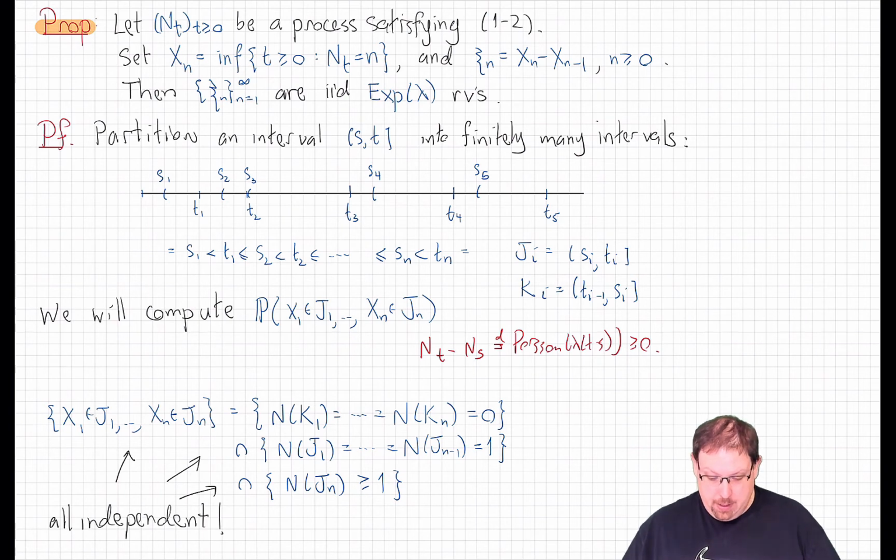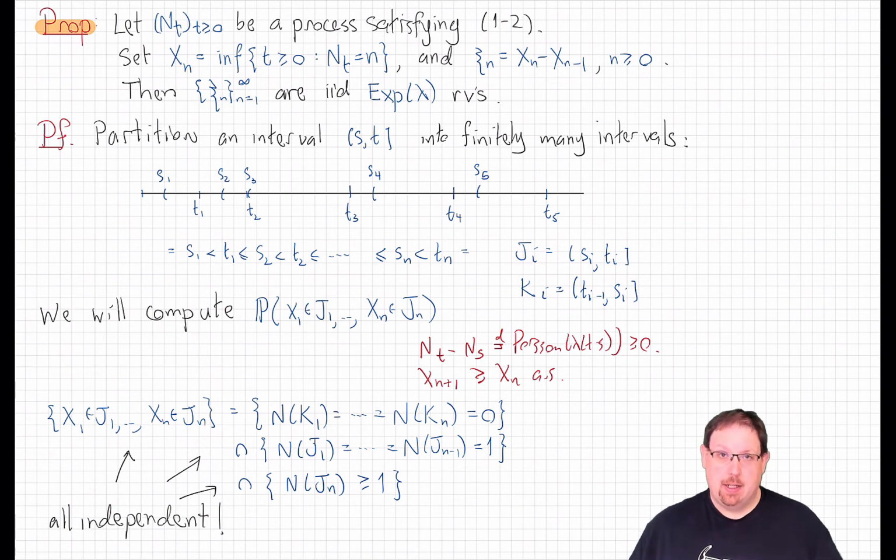So from that we see that X_{n+1} must be greater than or equal to X_n with probability 1. Therefore, if I look at the whole sequence X_1, X_2, up to X_n for some fixed n, the values they take have to be increasing. So the vector (X_1, X_2, up to X_n) actually has to live in the set of little x_1 up to little x_n where x_1 is less than x_2, up to less than x_n, as we did with our construction.